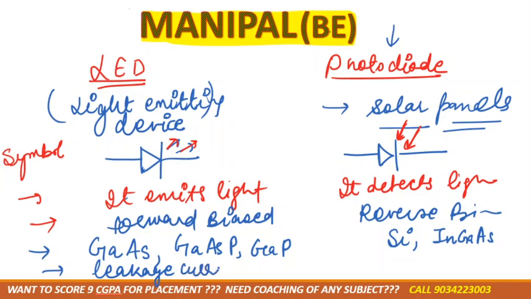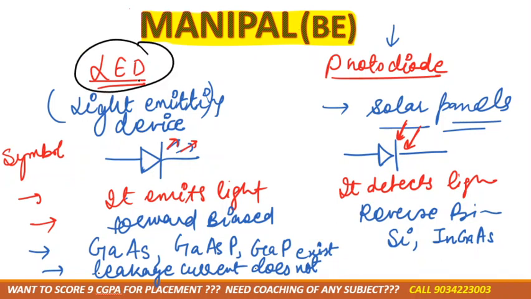Do you know what leakage current is? Leakage current is the current which flows due to the minority carriers. Leakage current in the LED does not exist, as you use it daily at your home. But in photodiode, there is some amount of leakage current.